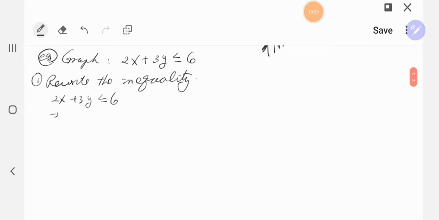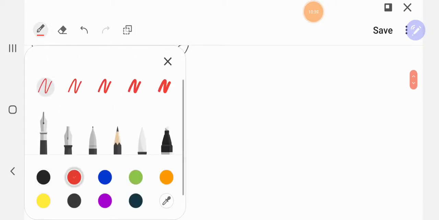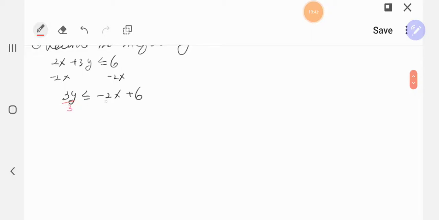Minus 2x from each side. Then 3y is less than or equal to negative 2x plus 6. And then divide each side by what? By 3, because we want y on the left-hand side. So y is less than or equal to negative 2/3 x plus 2, right?